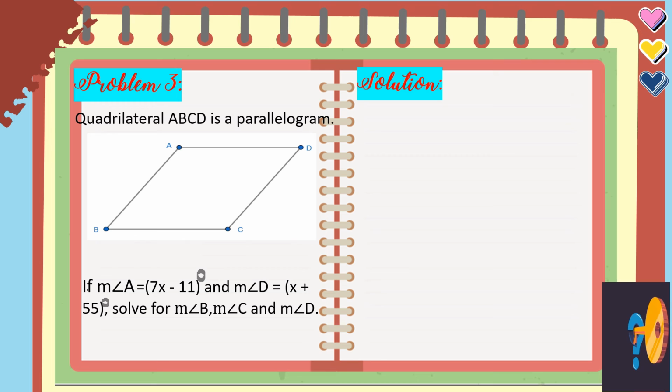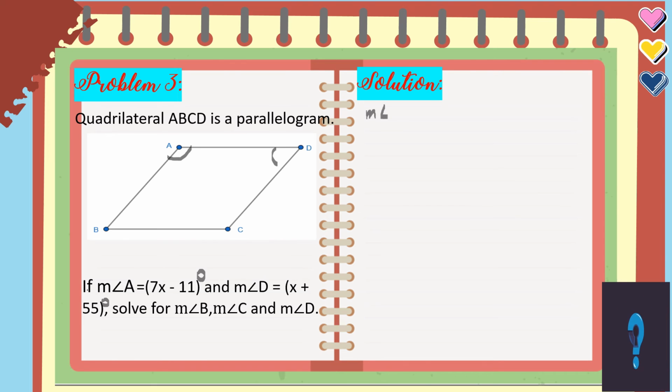If we look at the given, we can see that angle A and angle D are supplementary angles. So therefore, the sum of their measures is equal to 180 degrees.